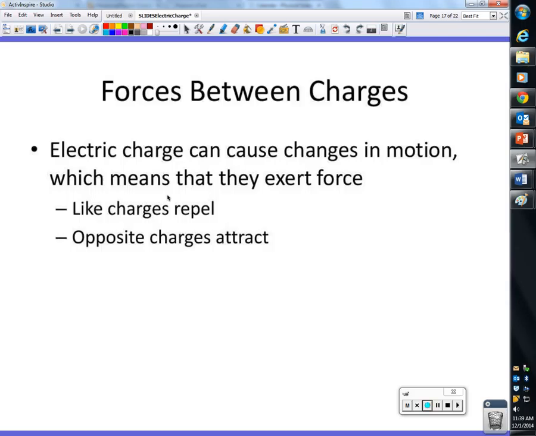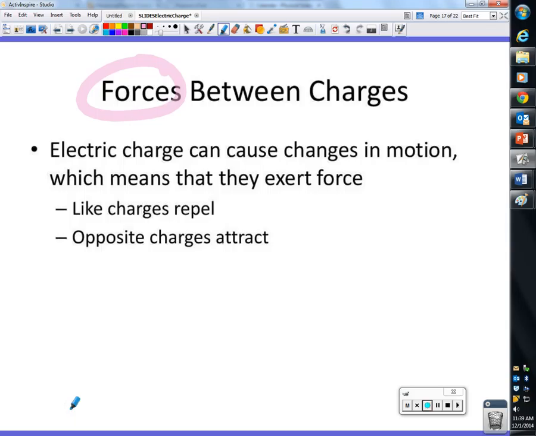And that means that charged objects can either come closer together or they can push each other apart. But in order for that to happen, there has to be a force between them. Something to push them or pull them, depending on whether we're talking about like charges or opposite charges.